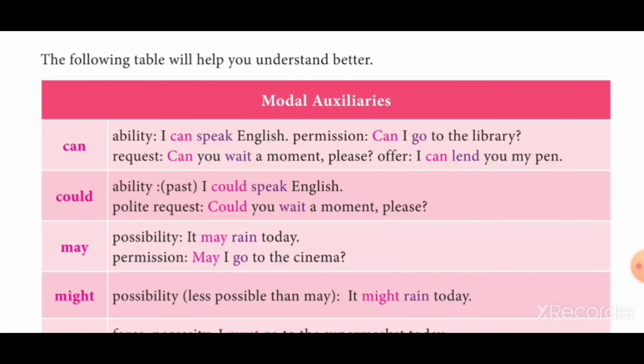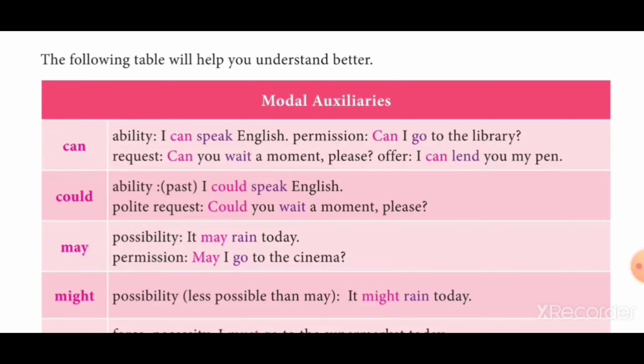Coming to the next one, could, it's used to speak about ability in the past and to make polite requests. To express ability in the past, you see the example, I could speak English. And in the case of making a polite request, the sentence is, could you wait a moment please?